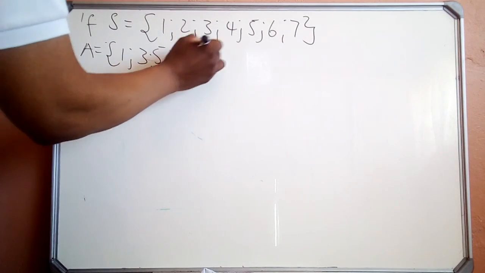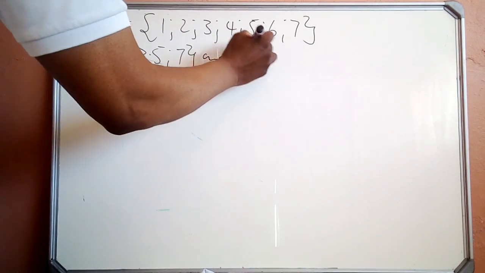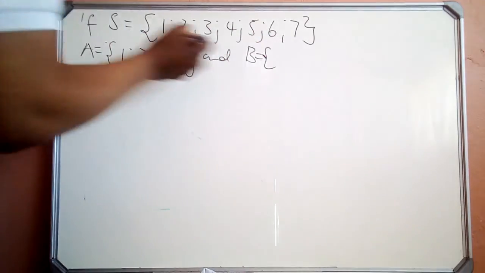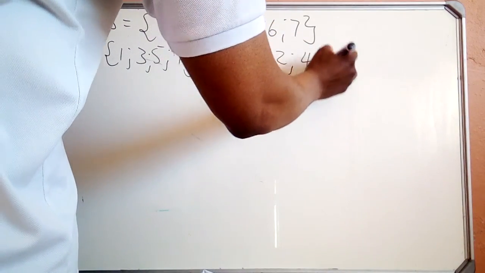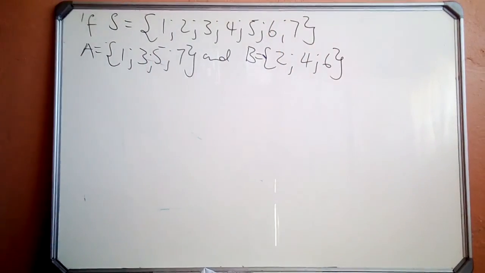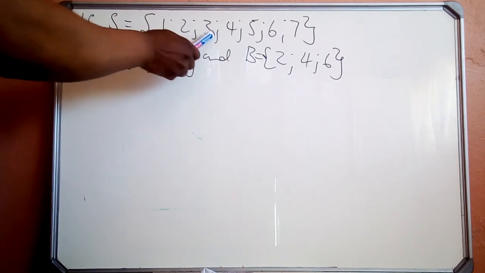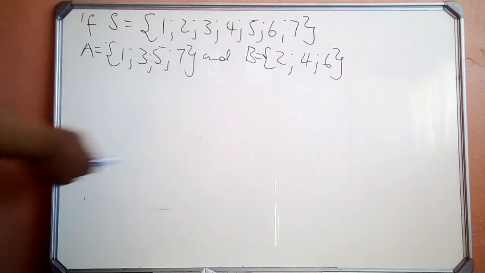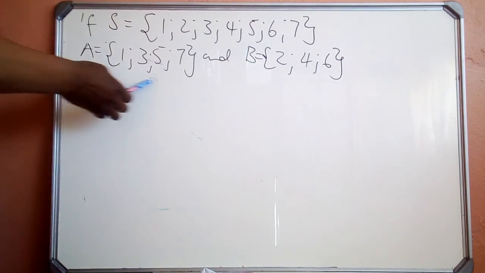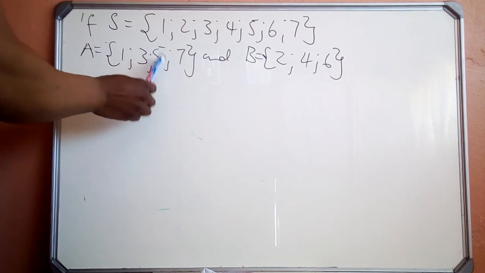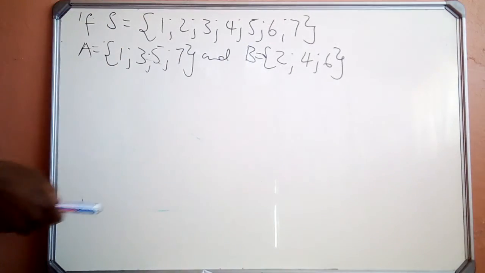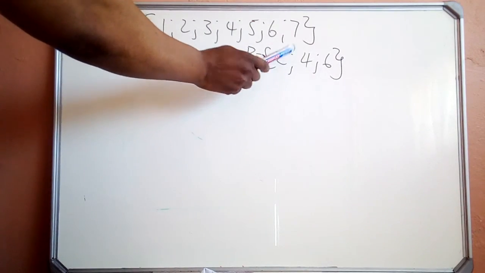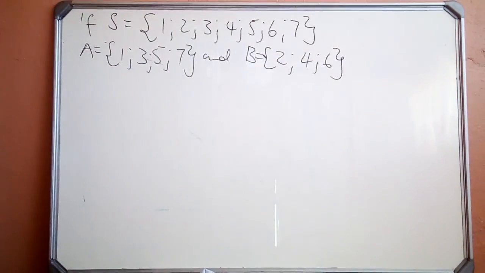And set B is equal to 2, 4, and 6. So those are our sets. We've got the sample space, which is 1 to 7, and then set A is the odd numbers 1, 3, 5, 7, and event B is 2, 4, and 6.